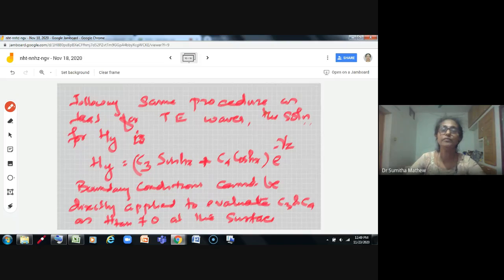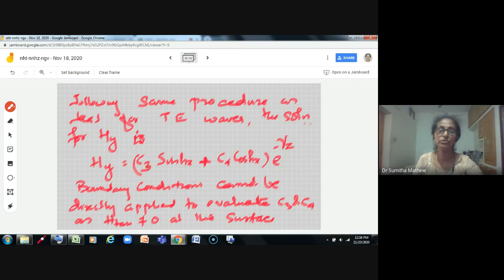So following the same procedure as that for TE waves, considering it as a simple harmonic motion, we can write the solution for the second order equation as Hy is equal to C3 sin hx plus C4 cos hx, e raised to minus gamma Z. C3 and C4 are the new constants here. For TE, we took them as C1 and C2.